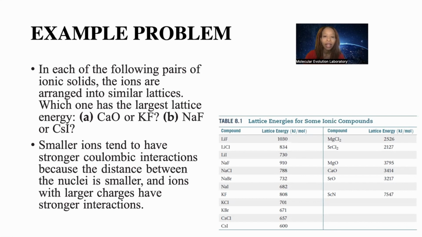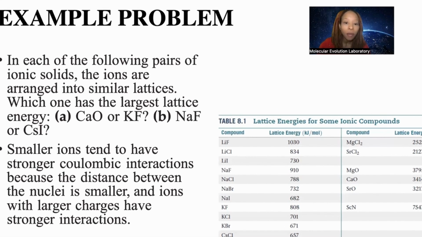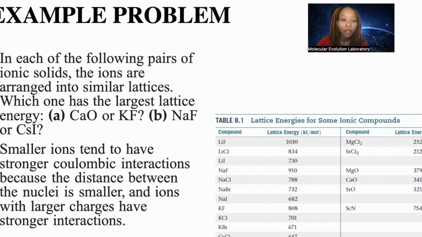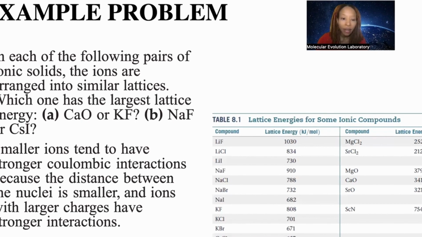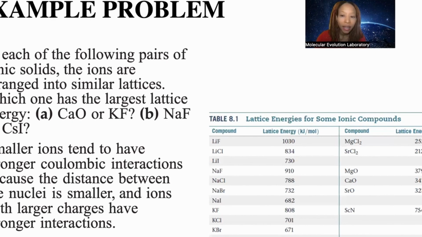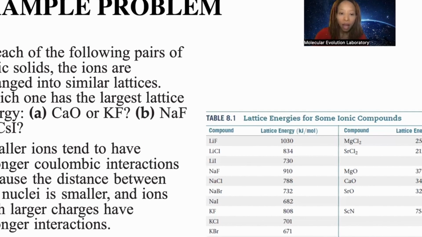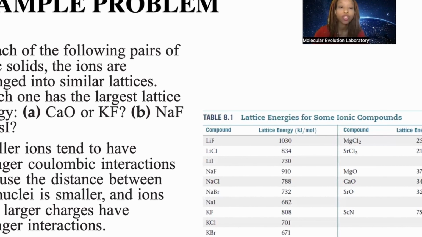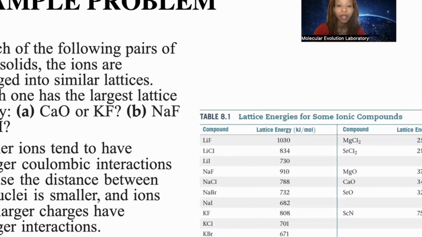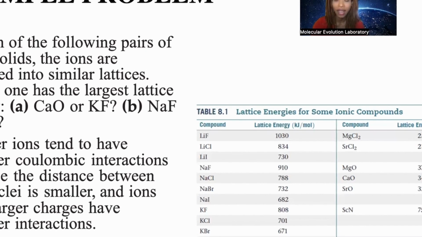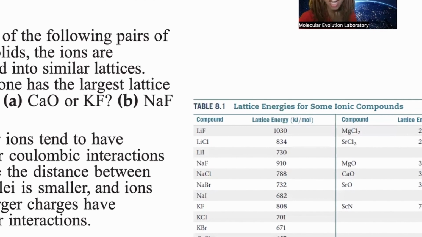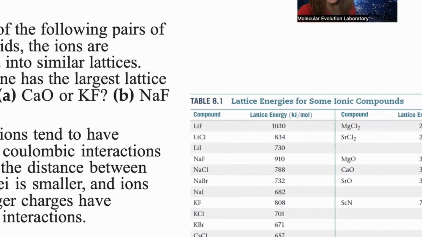Which one has the largest lattice energy? Calcium oxide or potassium fluoride? Sodium fluoride or cesium iodide? So basically, when the ions are small, they tend to form stronger coulombic interactions because the distance between the nuclei is smaller, and ions with larger charges have a stronger interaction.